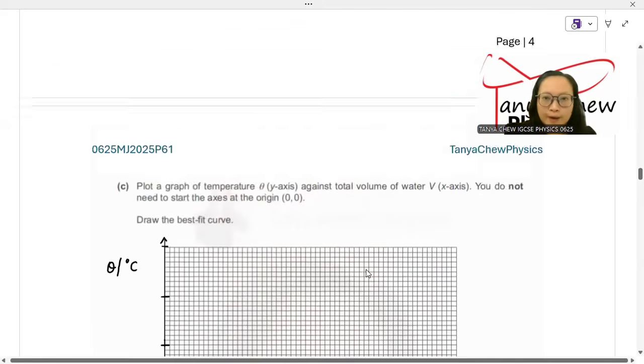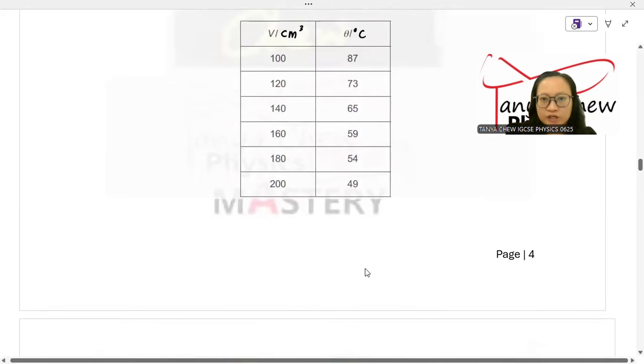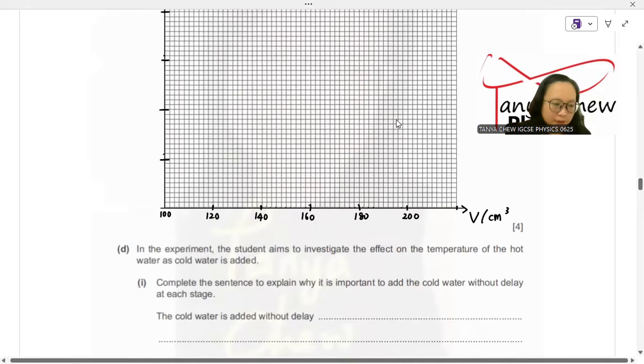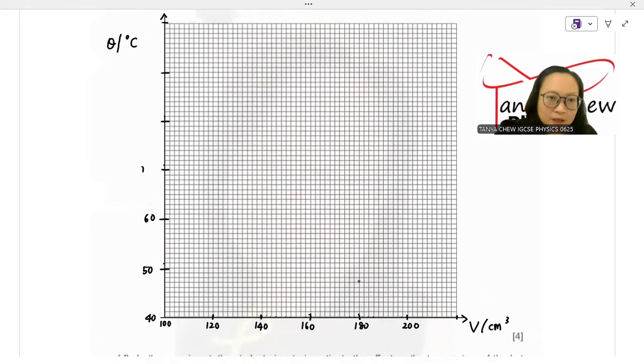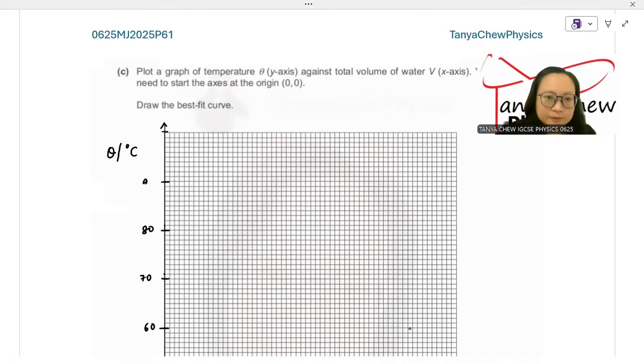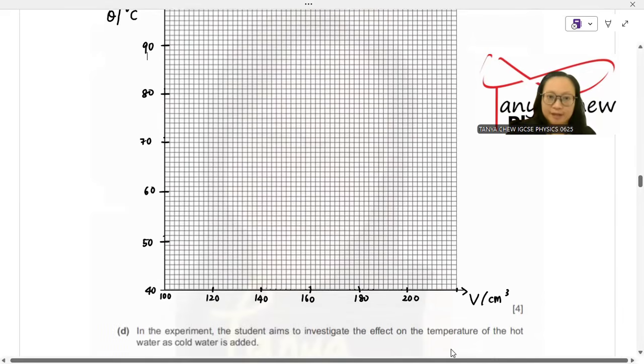And on my y-axis, the smallest value is 49. The largest value is 87. 49 is the smallest value. Why not I just start with 40? And then 50, 60, 70, 80, and 90. And I'm done with labeling the axis.